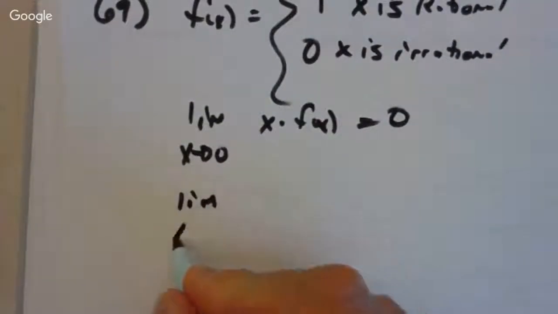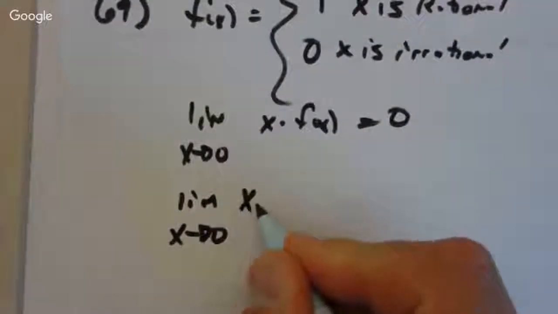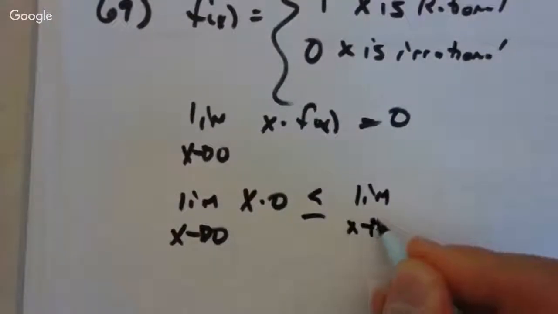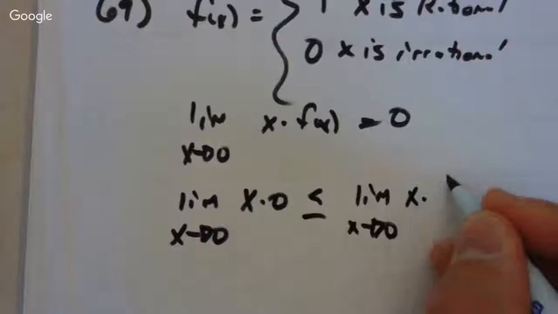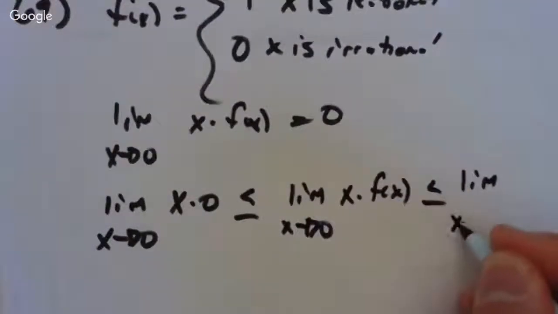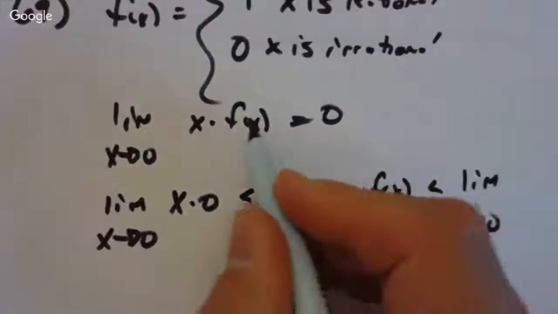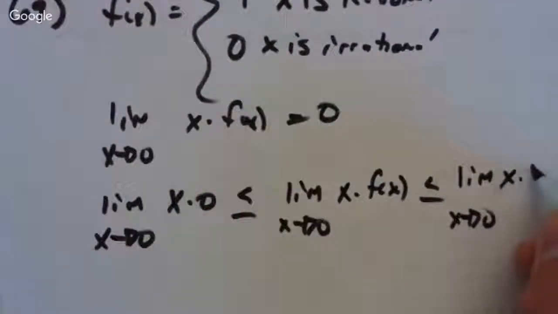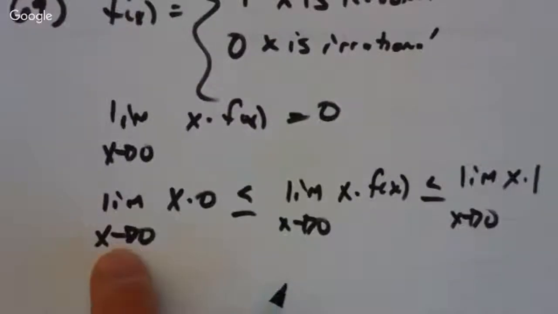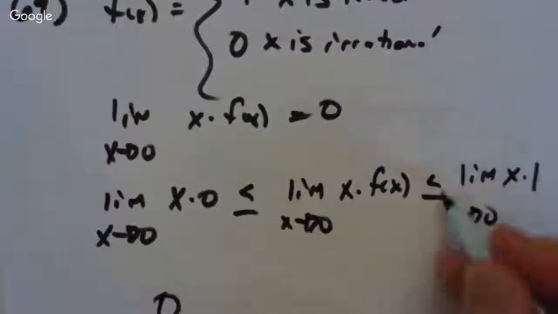And on the higher end, we can squeeze this between the limit as x approaches 0 of x times 0 and, on the higher end, x times 1. But here's the good news. We don't really care, because what's the limit of that? 0. What's the limit of that? 0.